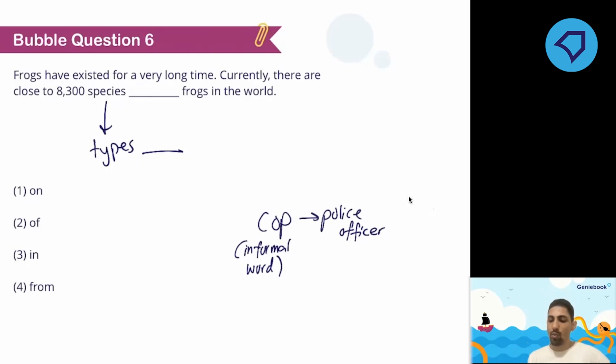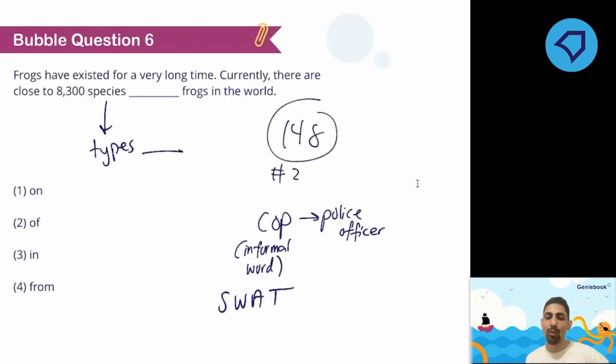Then there's another one, SWOT. Anyway, we have high score number 2. Two people picked number 1, or is it 3 people? It must have been an accident. The answer is "of", right? There are how many types of frogs?